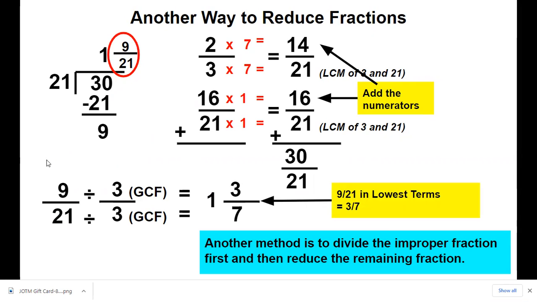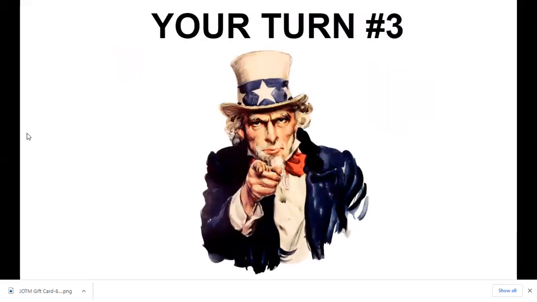So that's what we got using the other method where we reduced first and then divided. You can also divide first and then reduce. So we'll get the same answer either way, 1 3/7. Okay, so just showing you there's another way of doing it. Okay, it's your turn. Give it a try. See you back in a moment.